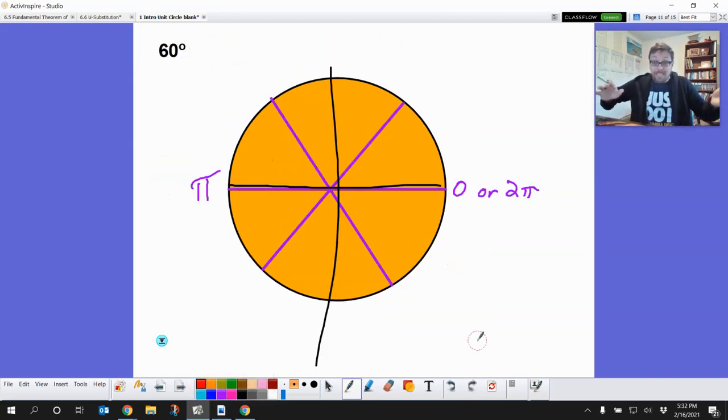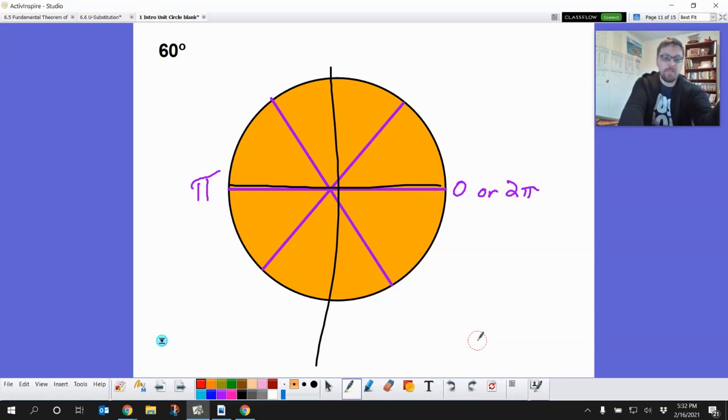Here's another one. Let's take a look at 60. So 60 degrees is a little trickier to visualize, but I've made a poor drawing here. But 60 degrees, that's a third of 180 degrees. You cut that into 3 pieces, you got 60 degrees. So I'm going to take that pi, and I'm going to cut each piece into thirds.